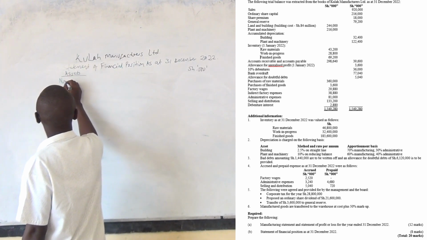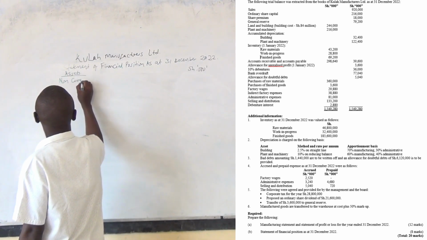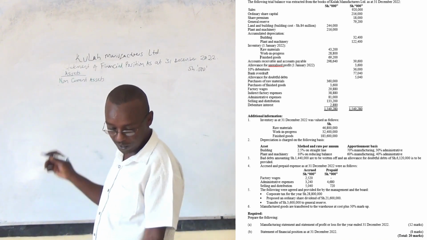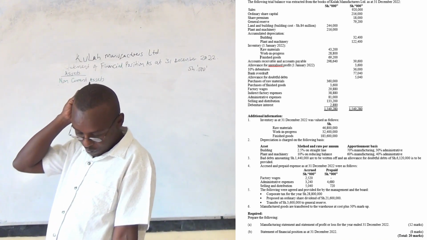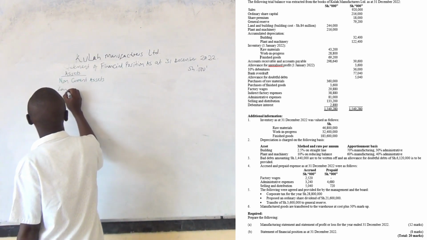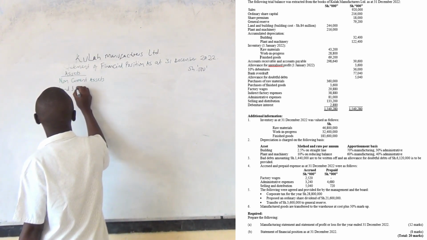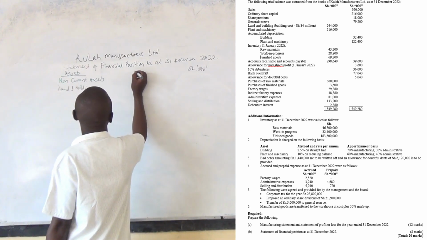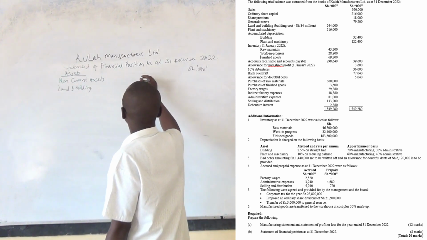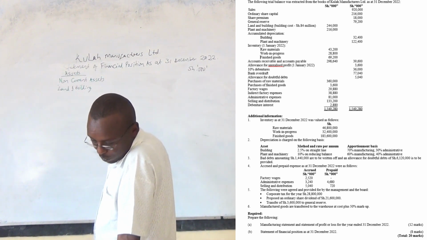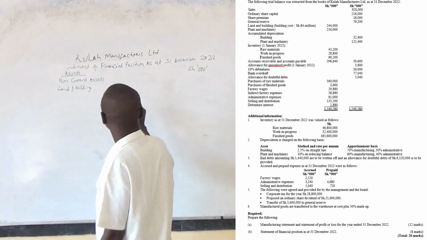And non-current assets. You can see them in the trial balance. We have land and building. There is the cost, which is 244,000.